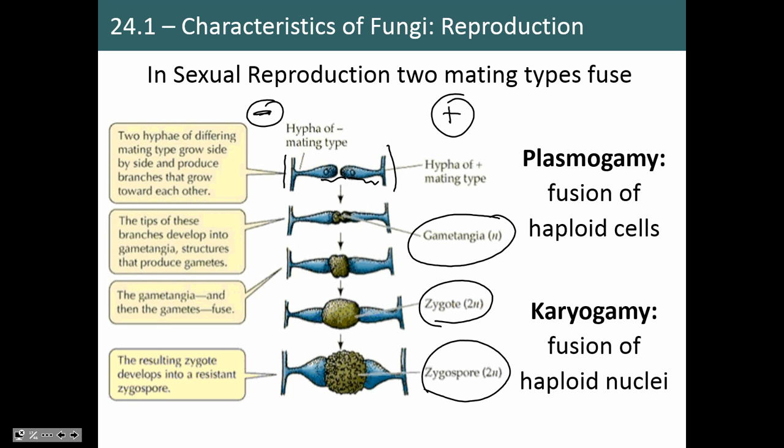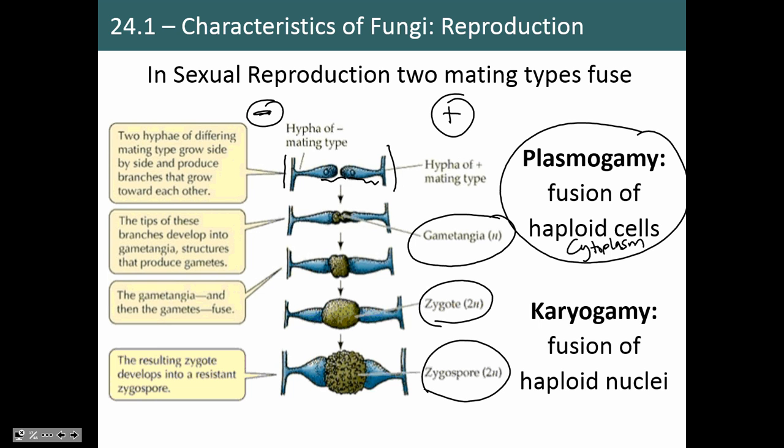Okay. Depending on the type of mushroom you're looking at, sometimes the hyphae fuse, and then they continue to reproduce and make all, like they have their plus type and their minus type nuclei. They just keep reproducing new nuclei, and then those are ultimately going to fuse and produce multiple zygospores. It's really interesting. There's lots of different things that happen, and there's sort of two steps. There's the fusion of the haploid cells of the cytoplasm, which is known as plasmogamy.